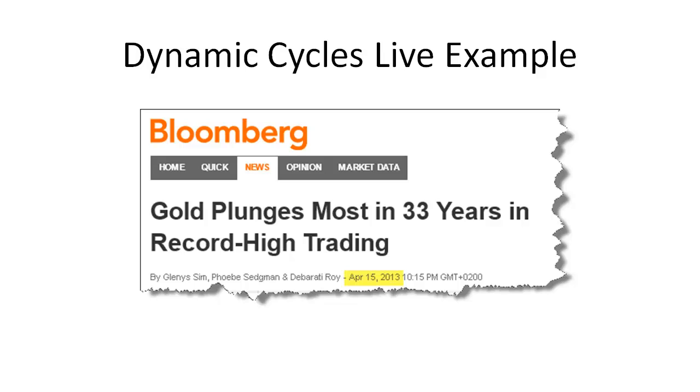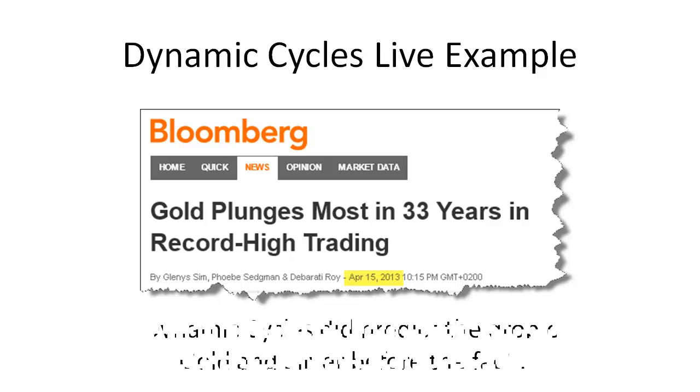We have all these headlines in the media, and everybody was surprised by this big drop in gold and silver. I want to use this live market situation to review what the dynamic cycles told us about it.